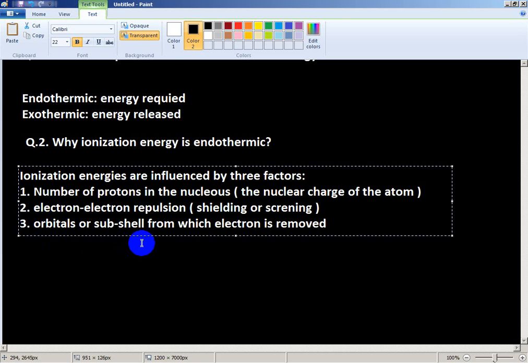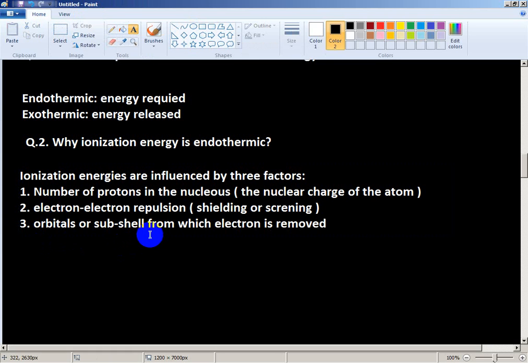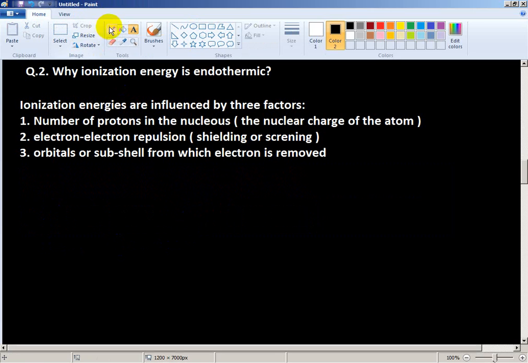Orbitals are another name for subshells. If the nuclear charge increases, ionization energy increases. The shielding effect is electron repulsion in the inner shells.